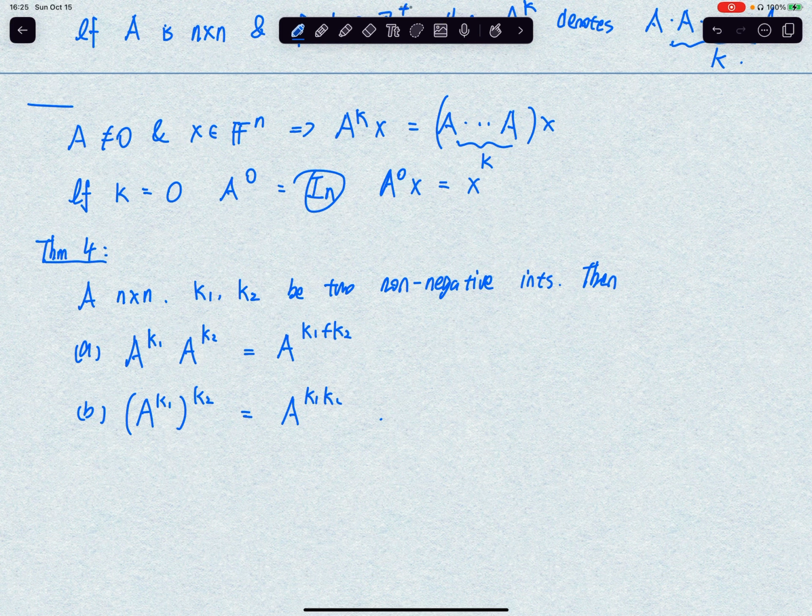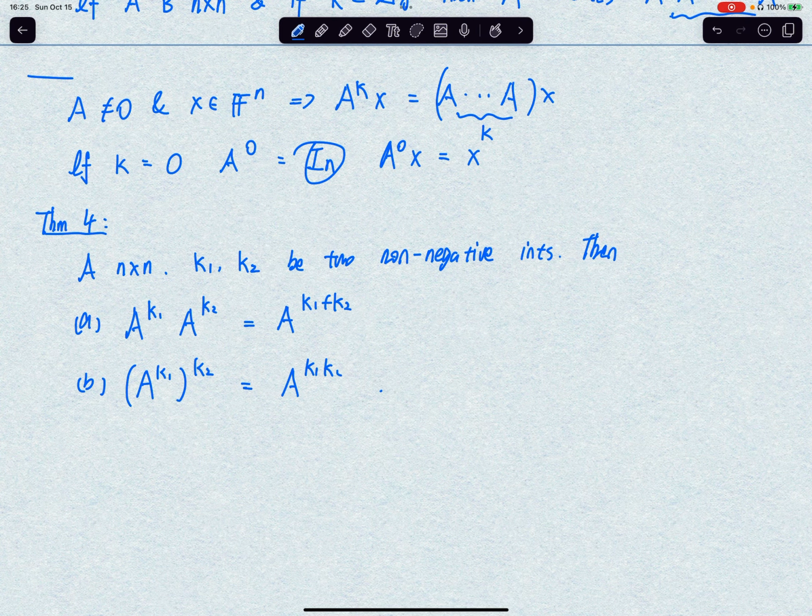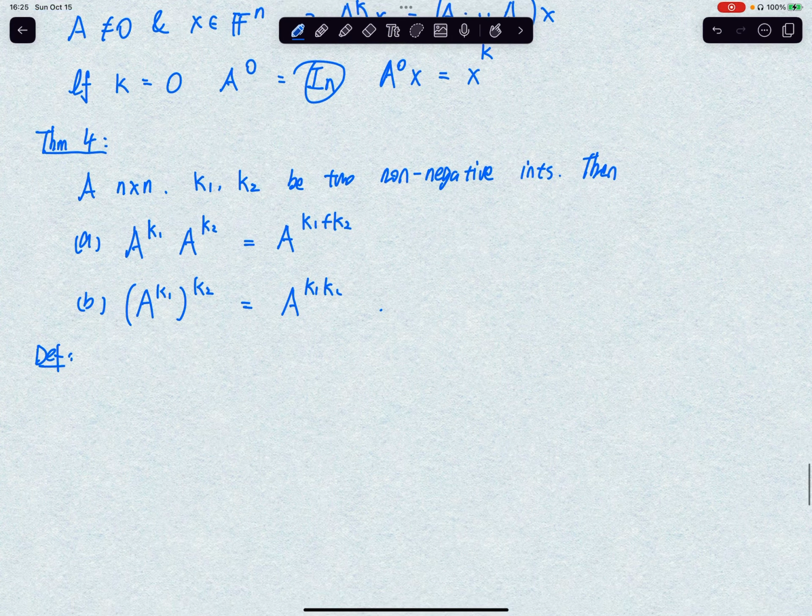And recall that in studying the determinant, before the invertible and the inverse, we also introduced the concept of the transpose. So let us generalize the transpose of the matrix.